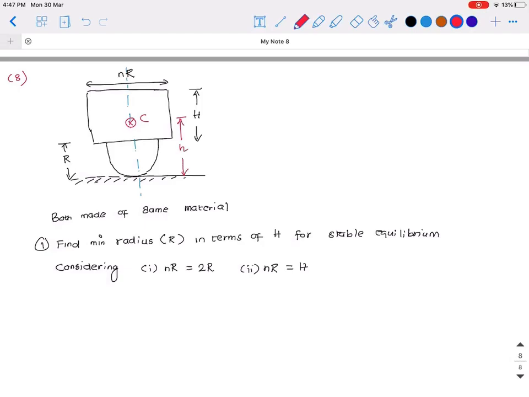So C is the centroid of this configuration. This is an undeformed configuration. Let us draw the deformed one. This is a slightly tricky one to draw. So let's see.